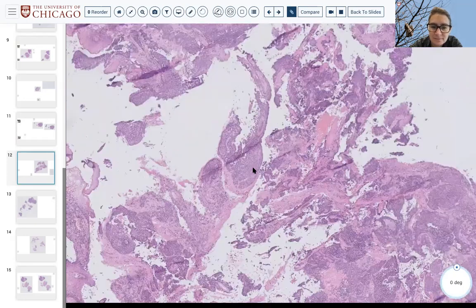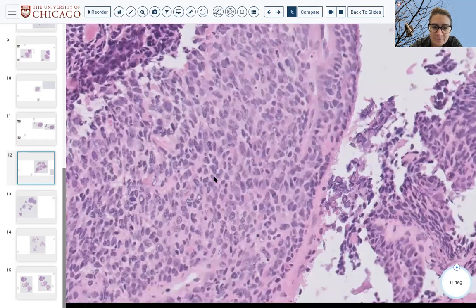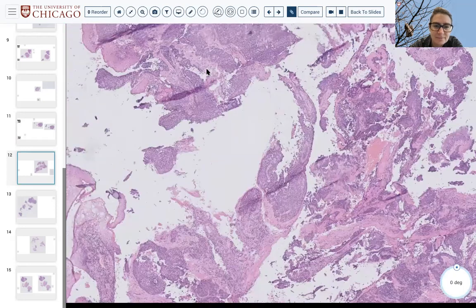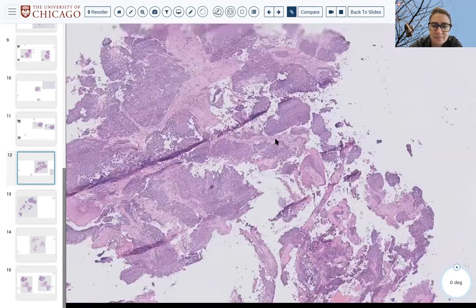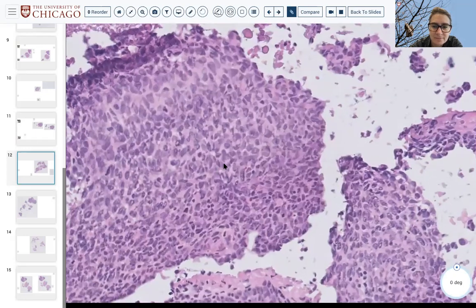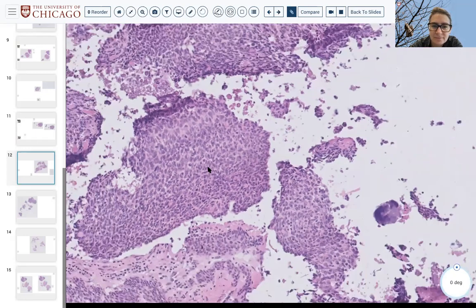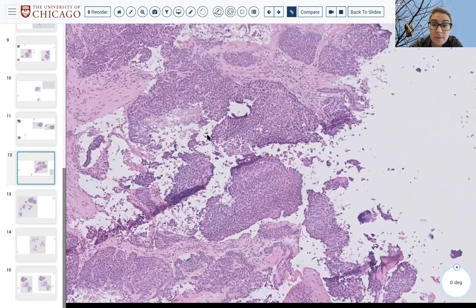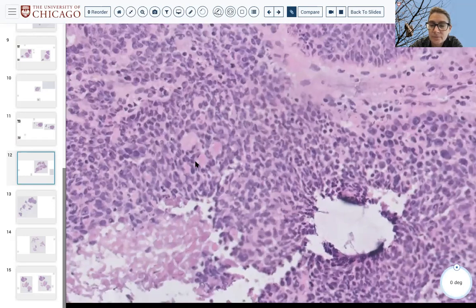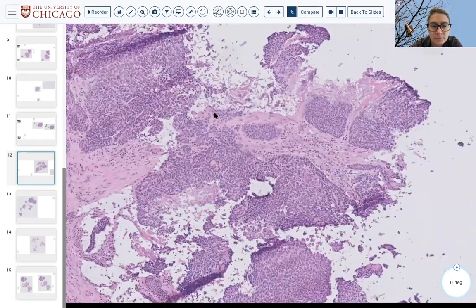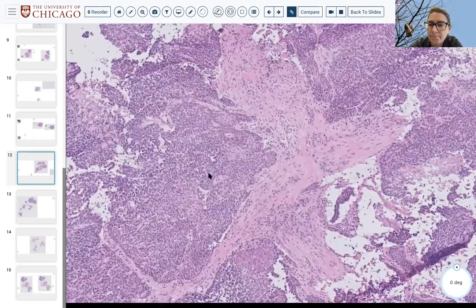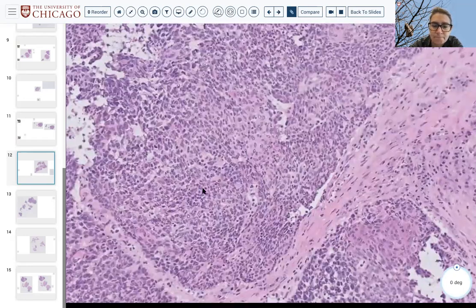Mm-hmm. So there is kind of microglandular configuration in some areas. Oh, do you mean this basement membrane like? Yes, here. Is it salivary gland material rather than? Is it salivary gland tumor or something like this?